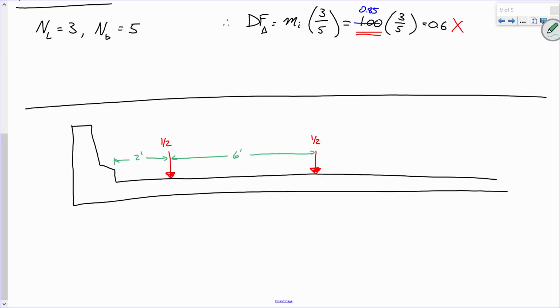Sound good? Now, it is possible when you look at your girder layout that you have an I-beam here, and then you might have an I-beam that's here. So this second point load, this second half of the truck, actually falls outside.